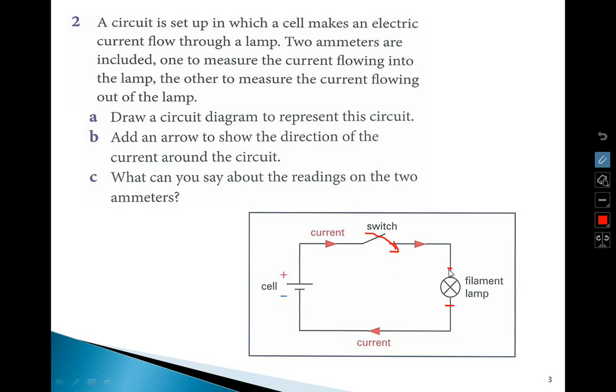We put one side connected with the positive, and the other with the minus. So one ammeter could be put like this.